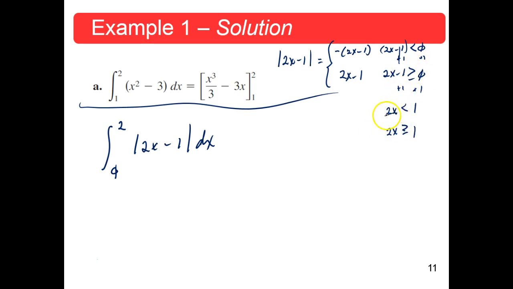And then we'll divide both sides by 2. Okay, and this will be x less than 1/2 and x greater than or equal to 1/2. That's what we have to fiddle with. Okay? And then it has these two meanings for that.